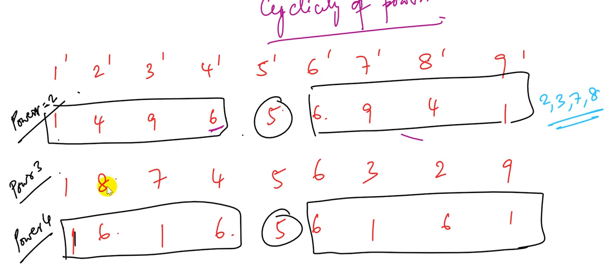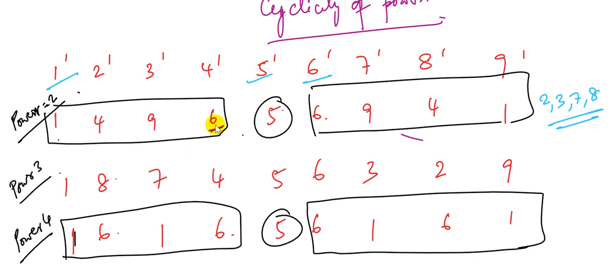So if you look at the numbers 1, 5 and 6, they don't change. Whichever power you raise them to, the last digit will be the same. So 1 raised to any power will end in a 1, 5 raised to any power will end in a 5, 6 raised to any power will end in a 6.